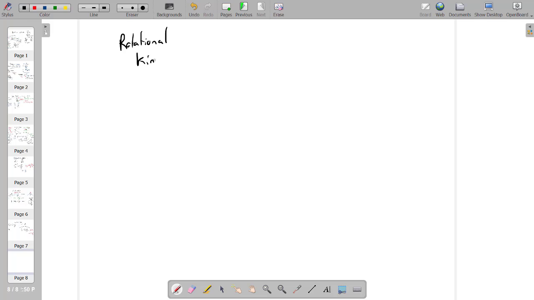All right. Rotational kinematics. This rotational kinematics, you have to memorize these, and they're not hard if you already memorized your regular kinematic equations.